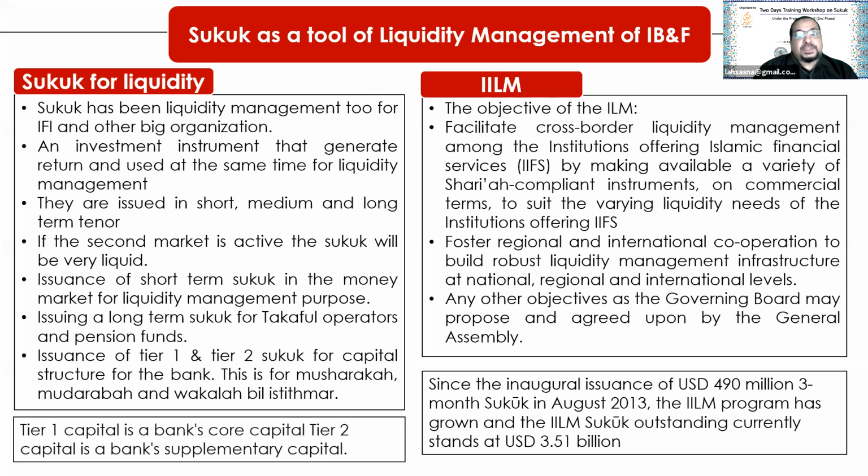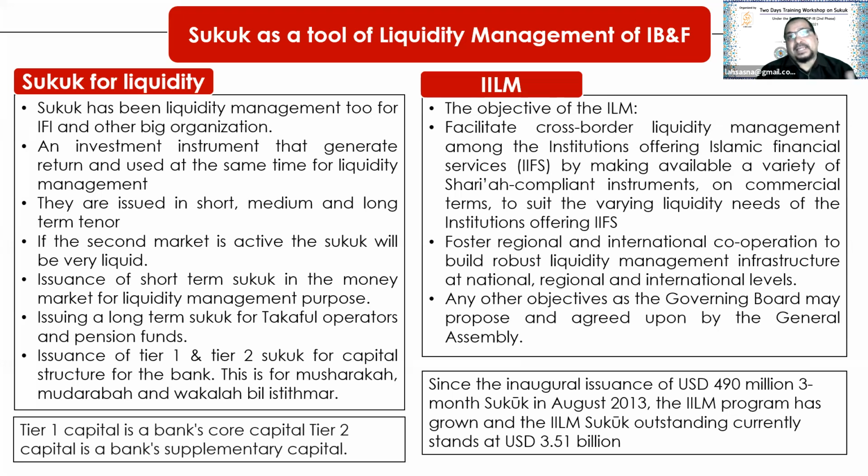Again, issuance of tier one and tier two Sukuk for the capital structure market. This is for Musharaka, which is good because the Sukuk issuance on Musharaka on the equity side was a bit reluctant, because people like fixed income and secure structures.